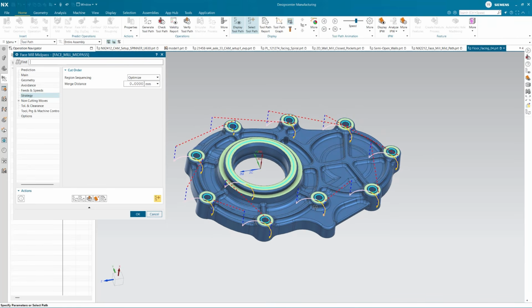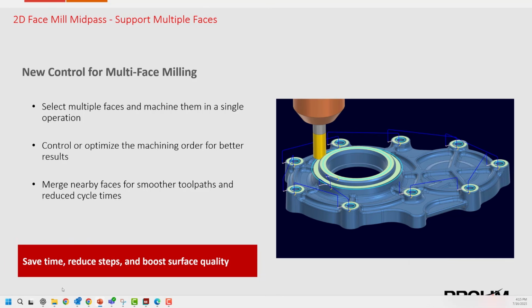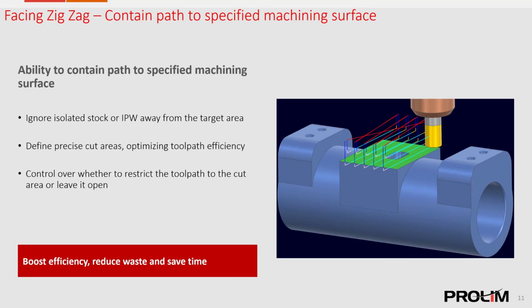So by this, you can select multiple surfaces, and you can define all the sequencing format. So that brings the face mill mid pass with new enhancement to the end. And let's go ahead and take a look at our next enhancement.